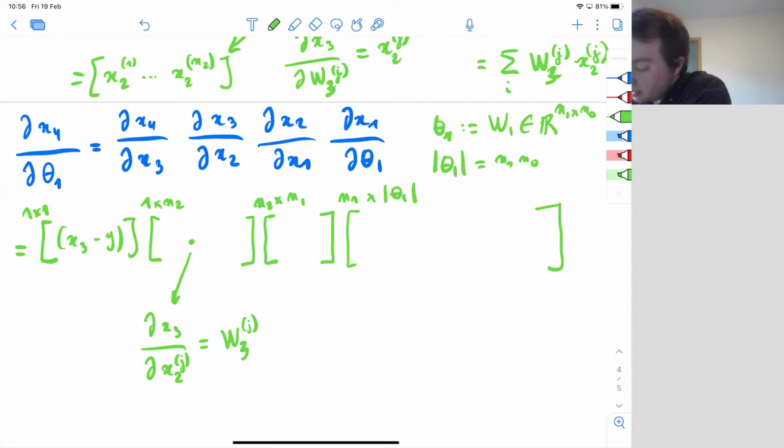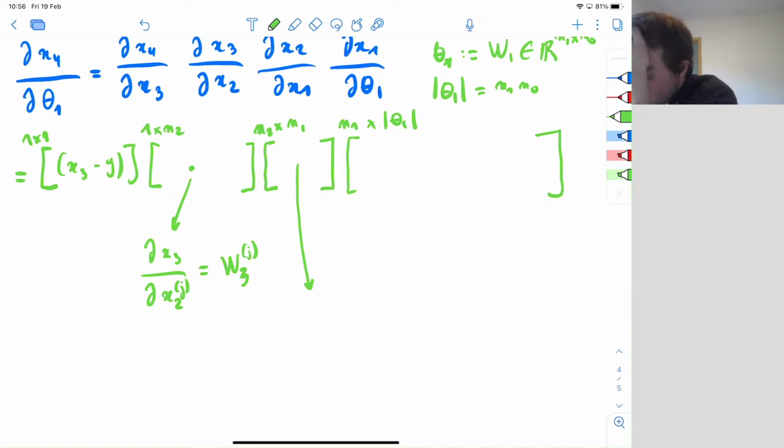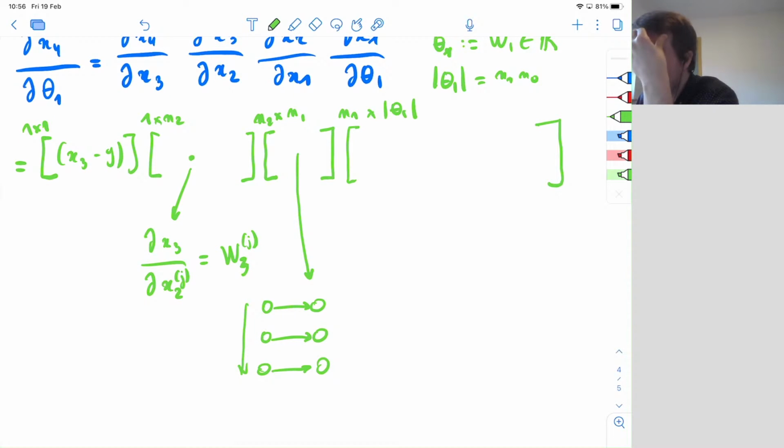Now the third factor is a square matrix. We are applying the element-wise ReLU or sigmoid activation function, so what we have is just a bunch of parallel compositions, as many as the size n1, and we have n2.